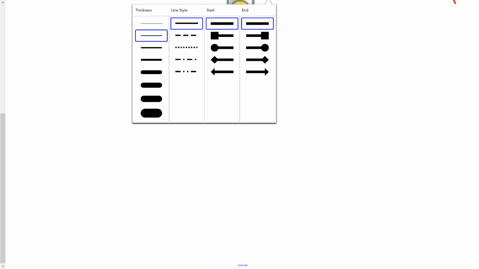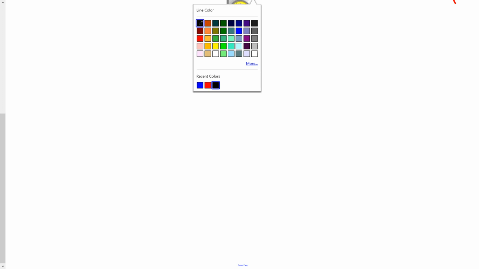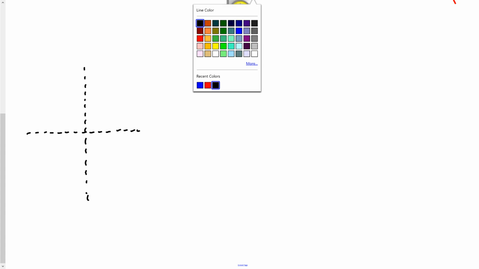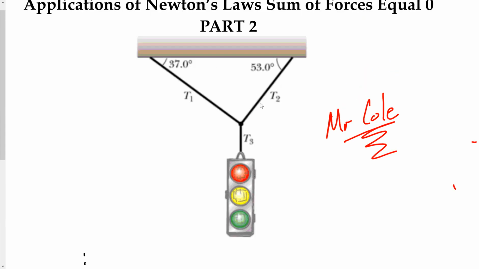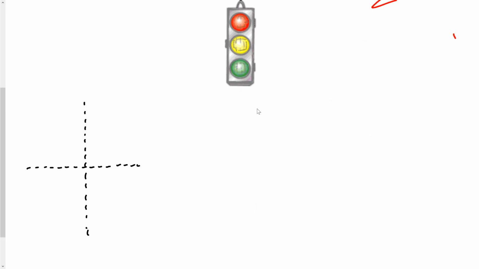First thing we need to do before we go any further, let's see if we can draw a decent free body diagram of this. So I start off by drawing a little set of crosshairs here. If I was good, I'd just be using my arrow keys, but you may be working this on paper. We had a T2 to the right, and the problem defined that for us at an angle of 53.